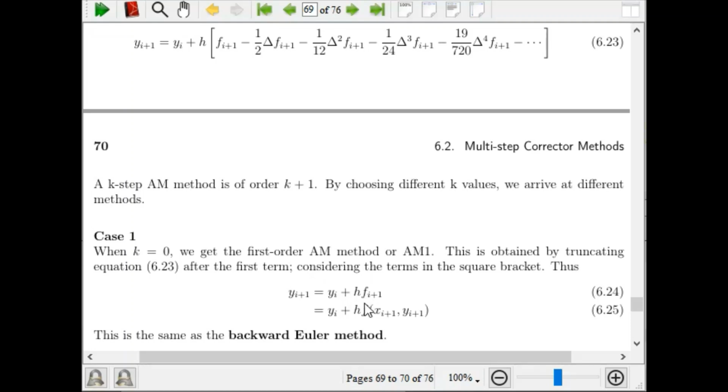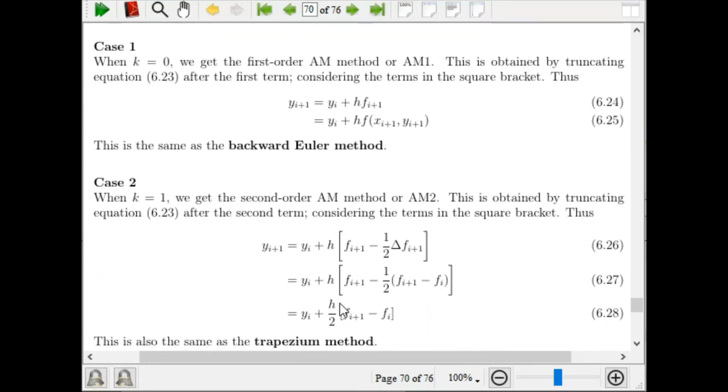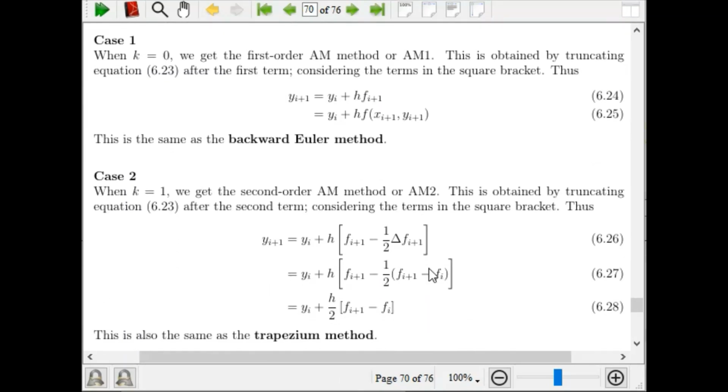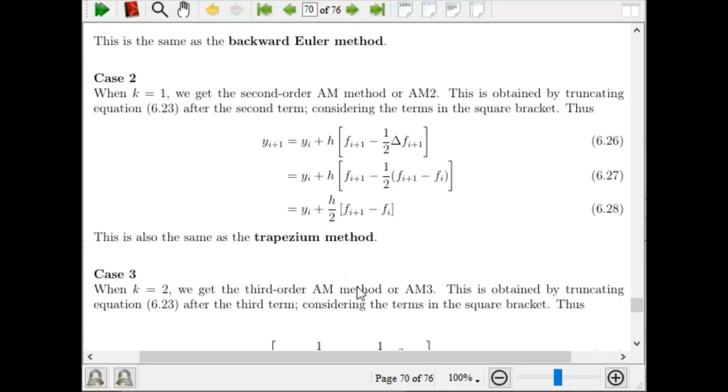As you can see, we said f_{i+1} is just f of the x and y values, and this is the backward Euler, an implicit scheme. When we move on, we can truncate at the second term and simplify. So the AM2, the Adams-Moulton second order, gives us the trapezium method.